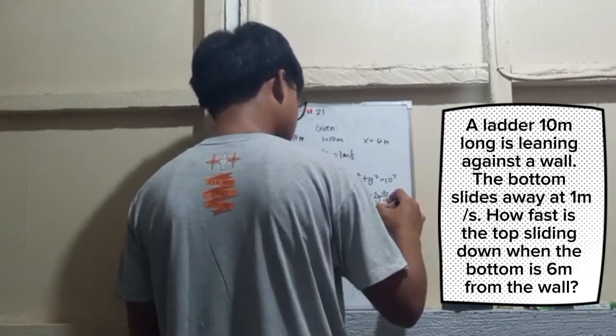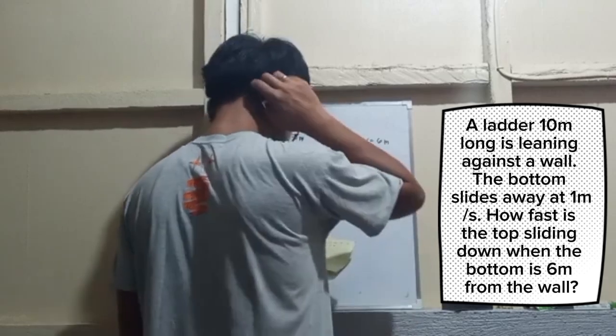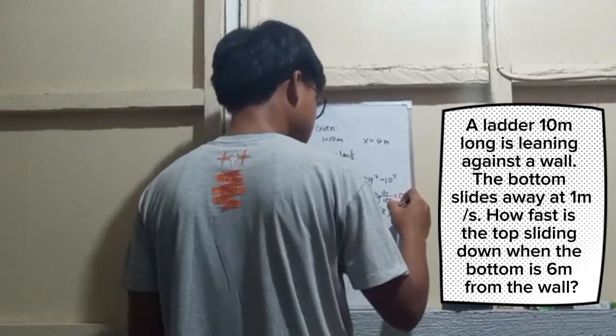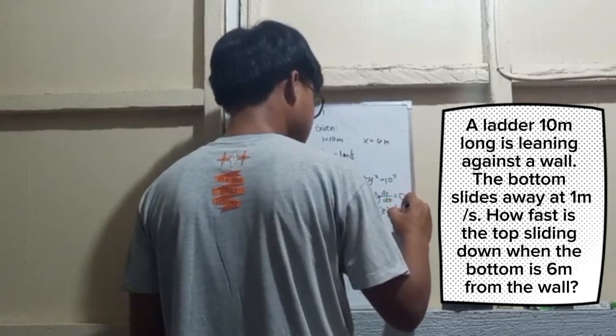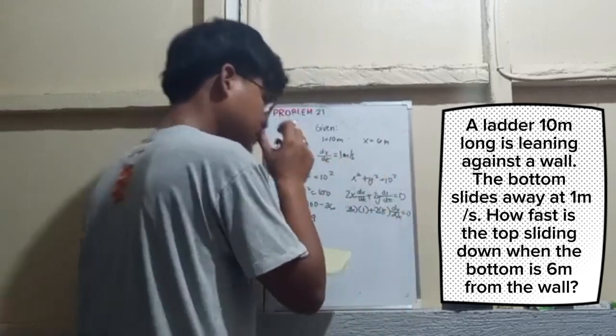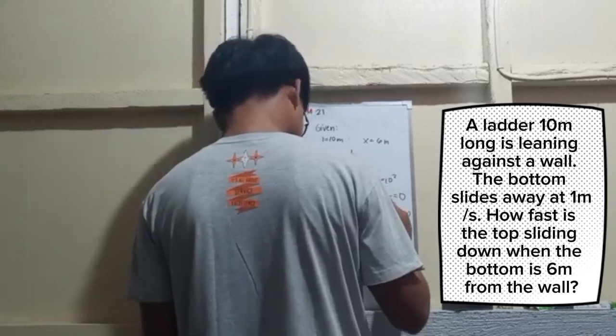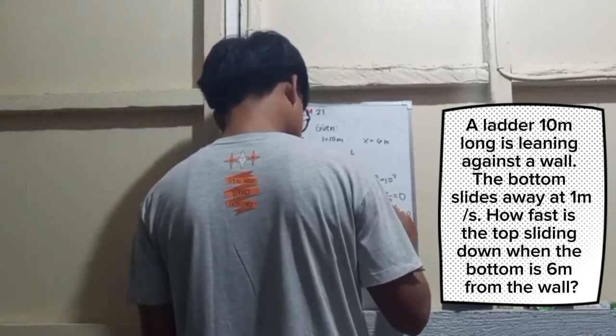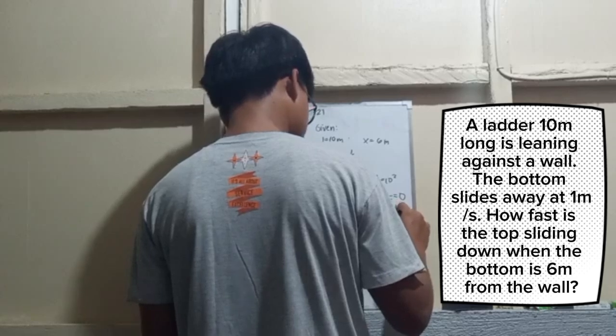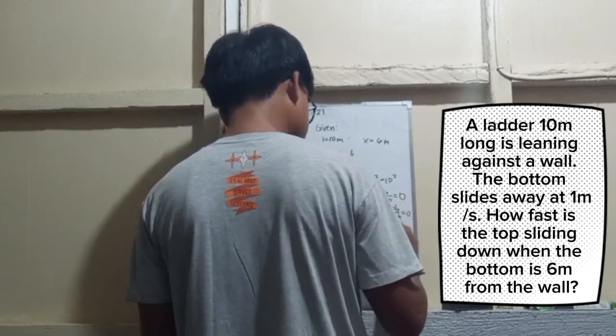Then our y is equal to 8 and our dy/dt is our ask. And solve, we'll get 16 dy/dt = negative 12. Divide both sides by 16.